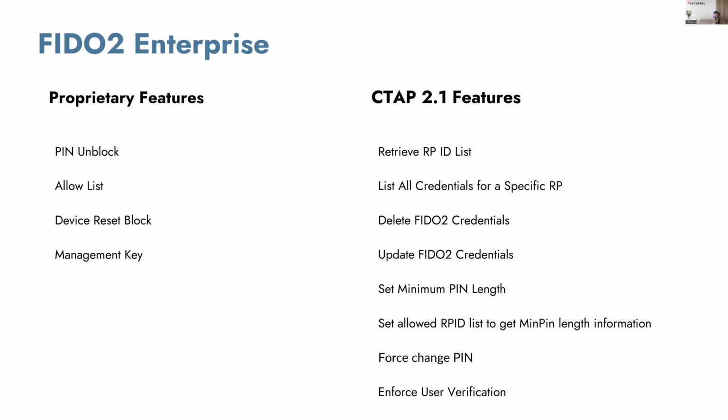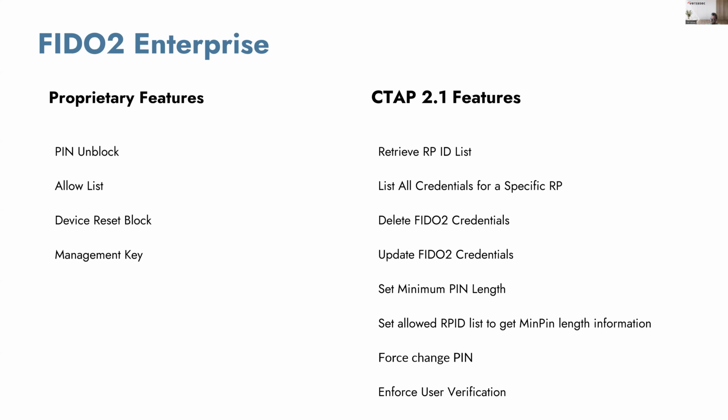Next is the allow list. You control where the FIDO devices can be used by defining an allow list. So you could allow only specific relying party IDs, IdPs, that could be used. Given the importance of what we discussed about PIN unblock and keeping those credentials intact and safe, we have the device reset block, which prevents users from resetting their devices.